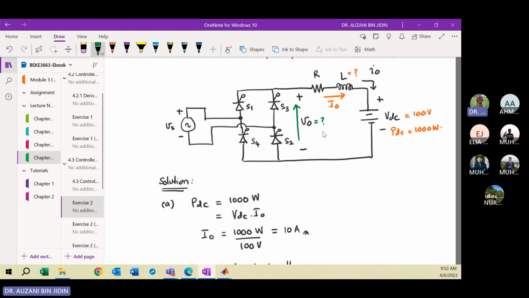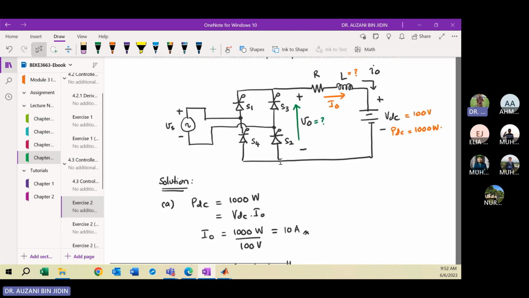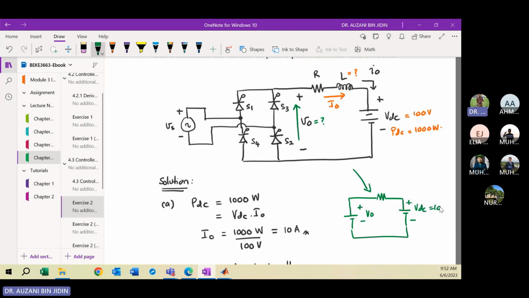To calculate VO, you can apply this equation. You can simplify the circuit: you have a battery to represent the output voltage, the resistor, and the battery, the DC voltage source VDC of 100 volt.